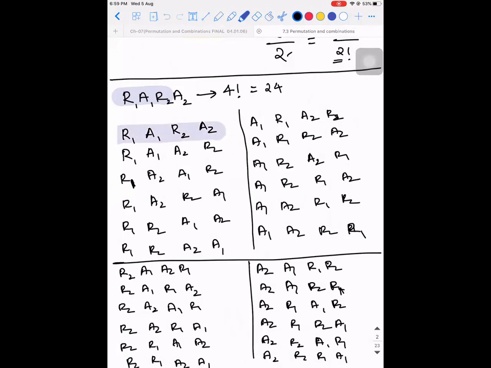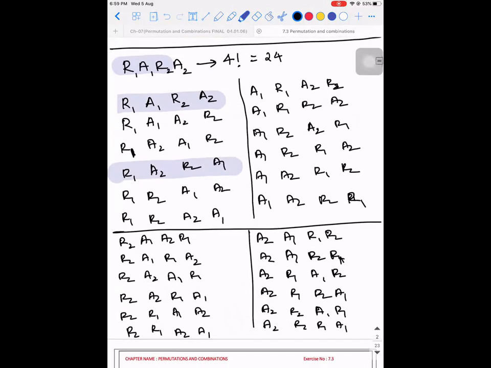This is same as R1, A1, R2, A2. This one is same as the original. This one is same as the original. So how many are getting repeated? 4. So I actually have only 4 words that are formed.